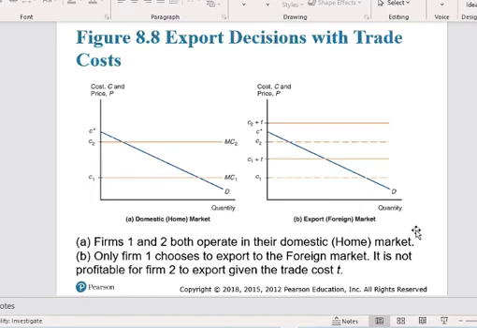Anything on top of that is the trade cost, including the cost of moving the goods to the seaport, paying for clearance at the seaport, loading onto the cargo ship, and paying for the shipping from China to the US.